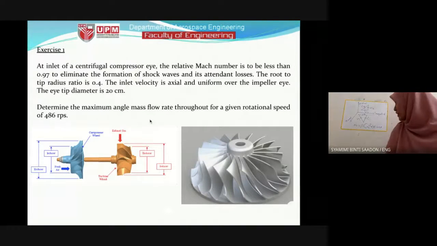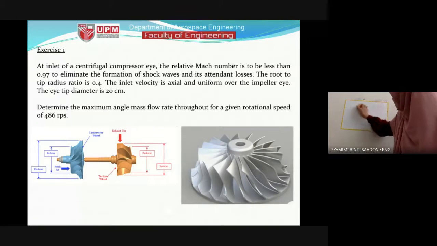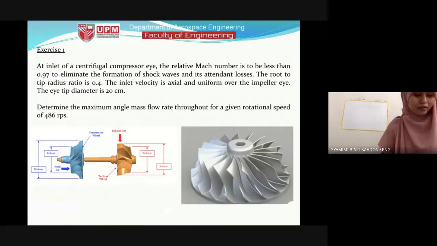Okay, now we calculate. How do we start? We have the rotational speed in rotations per second, so we change that into meters per second.